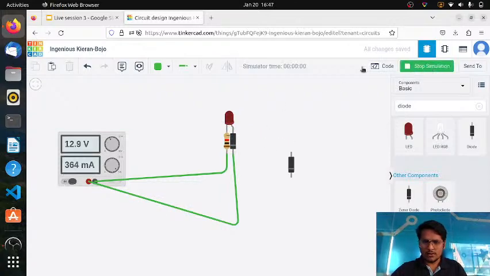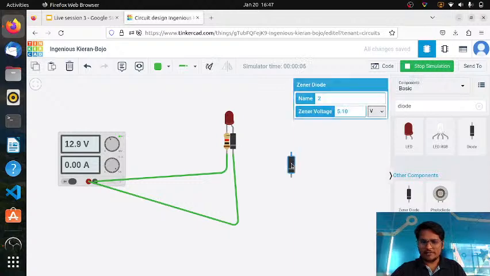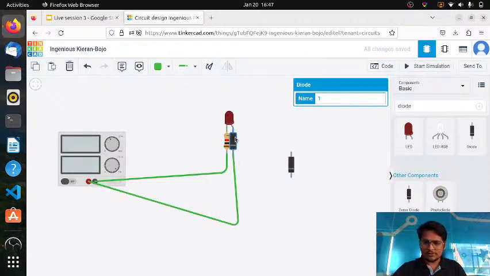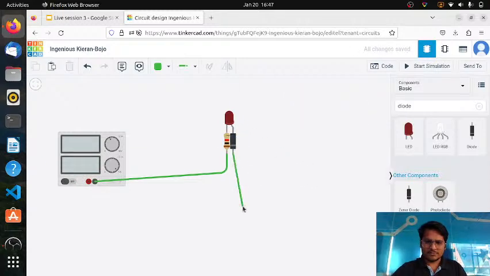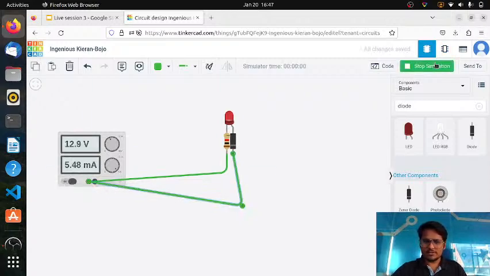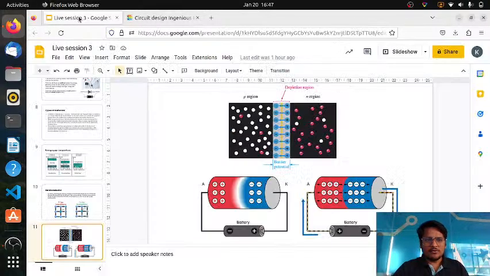Now here with the normal diode it is not glowing, but if I connect Zener diode in the same manner, the LED will glow, because Zener diode can work in reverse bias also. So here it is a reverse condition and you can see the LED is on. So there are different kinds of diodes. Depending on the application, we can select the appropriate one. Again, moving on to the slides.